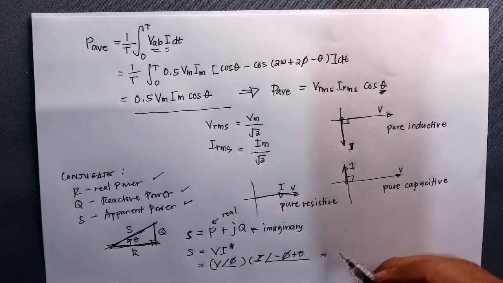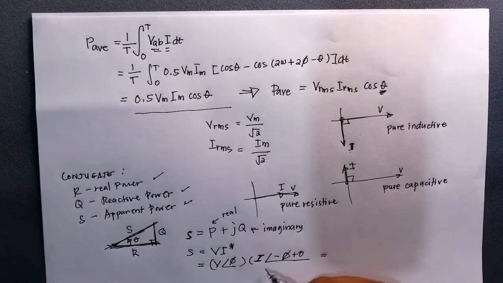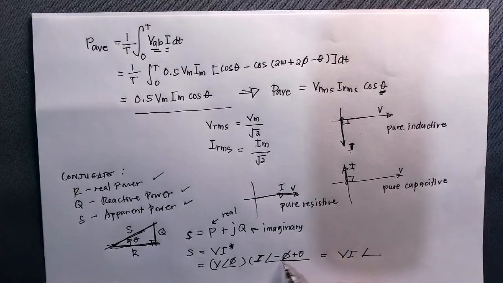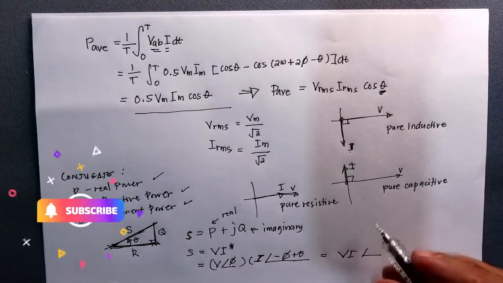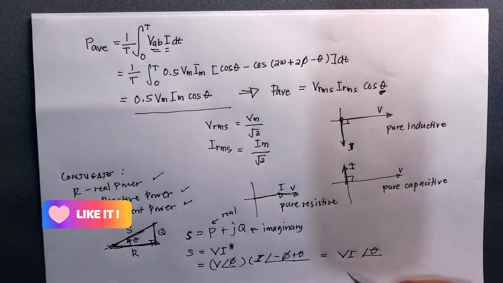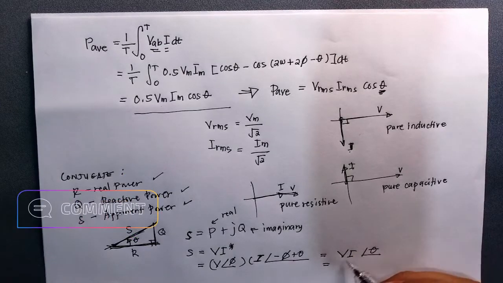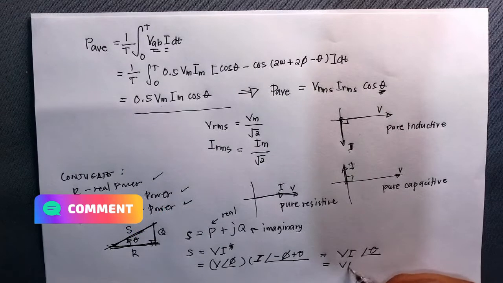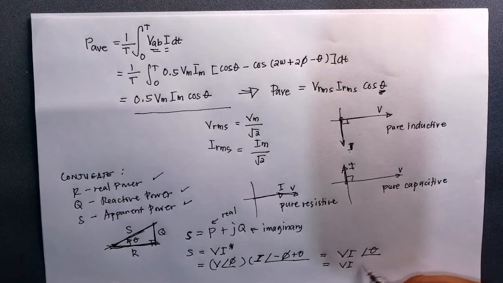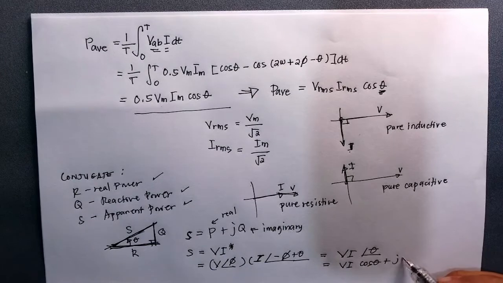Okay, so therefore, knowing this one, if you multiply this one, that will be V times I. So this will be added, negative phi and positive phi will be 0. So what remains is theta. So therefore, we can have a trigonometric representation of this one, cosine plus j sine. So VI cosine theta plus j VI sine theta.